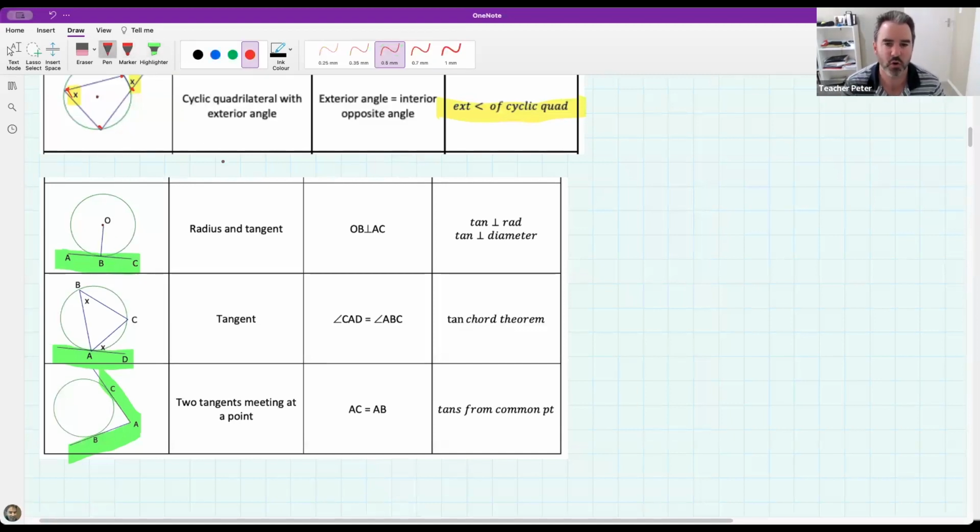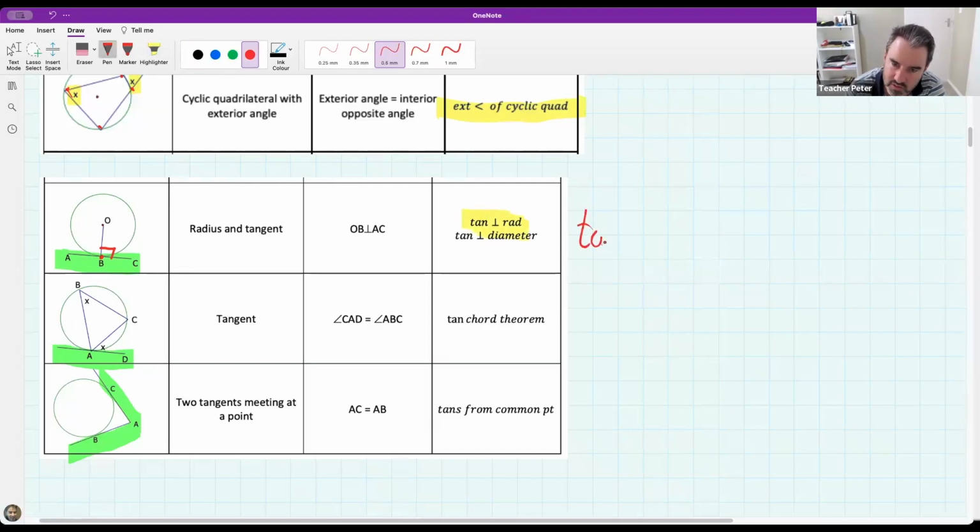Just to give you a quick summary, if you've got a radius and it meets the point of tangency, that will always make a 90-degree angle. So a tangent and a radius meeting each other will always make a right angle. I'll show you this in a visual, but it's called the tan radius theorem, or tan perpendicular to radius.